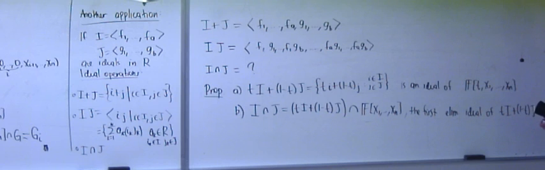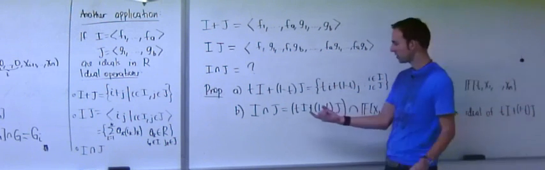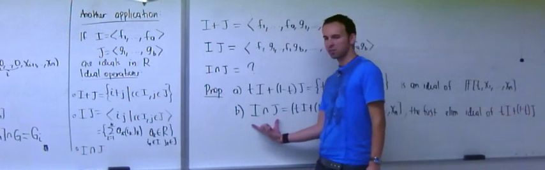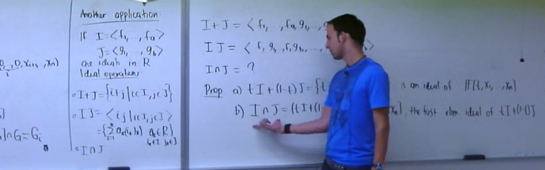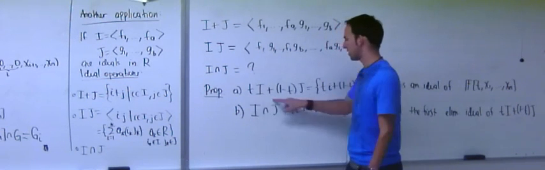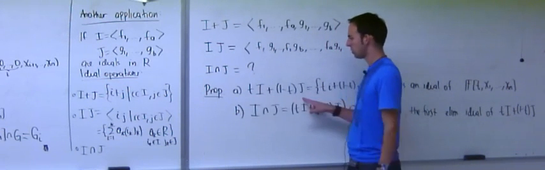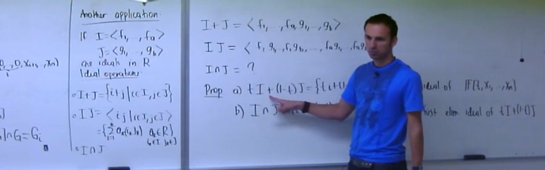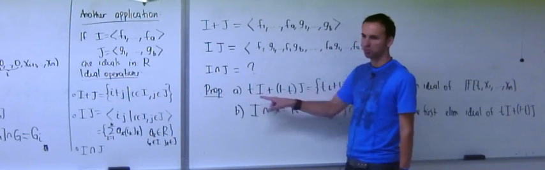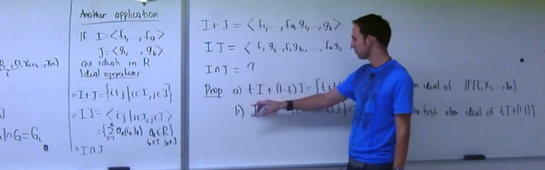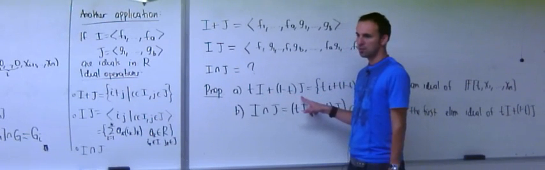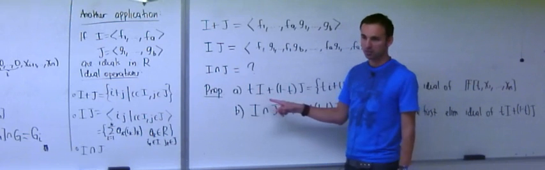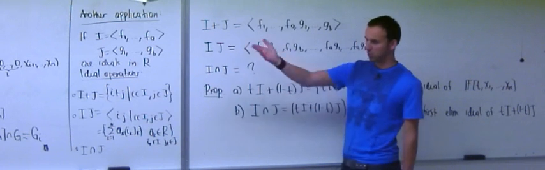And the beauty of this is that now you know how to compute intersections. Why do you know? Because you want to compute this intersection. And first of all, you know how to compute this ideal. Why? Because you know how to compute sums. And you know how to compute multiplying by a t and by 1 minus t. So you can compute this ideal. Then you can compute a Gröbner basis for this ideal and use that Gröbner basis to eliminate the first variable.